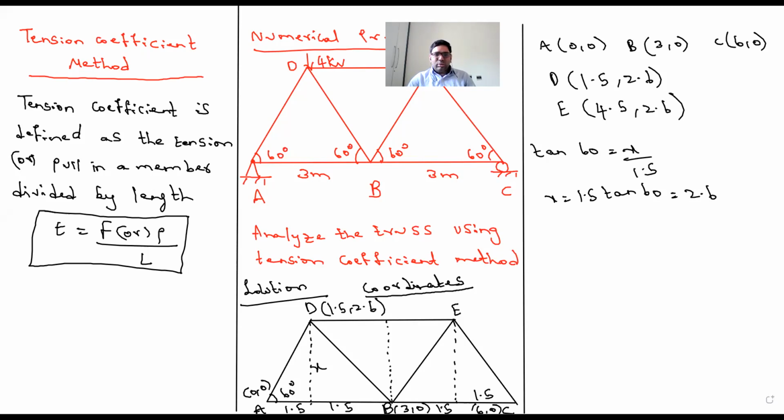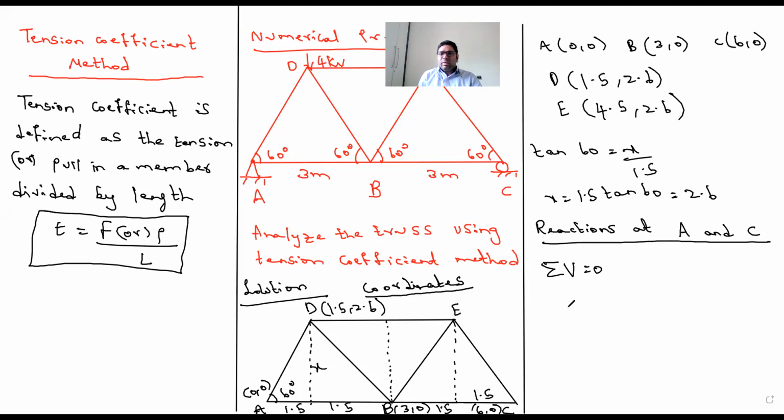Next, what do we need to do? We will try to calculate the reactions at A and C. Sigma V is equal to 0.